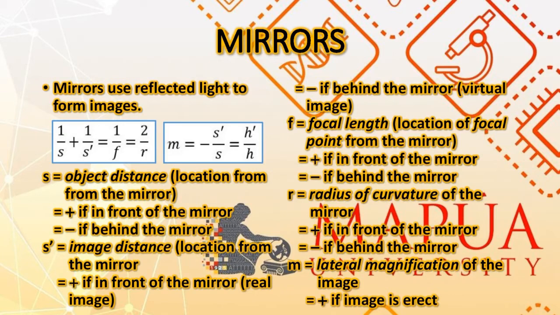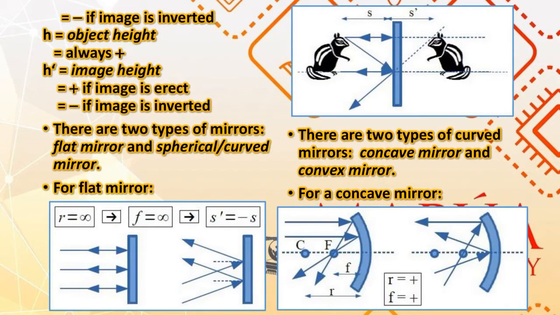If M is positive, the image is erect or has the same orientation as the object. And if M is negative, the image is inverted or has the opposite orientation as the object.